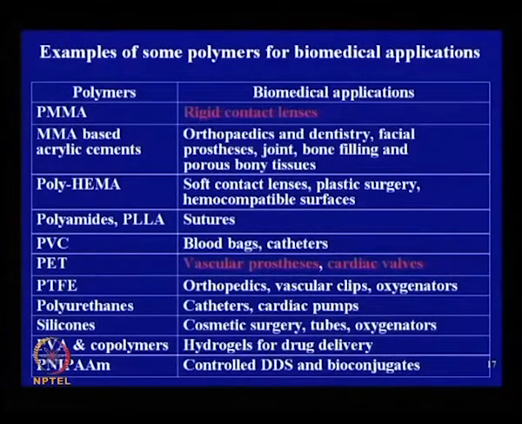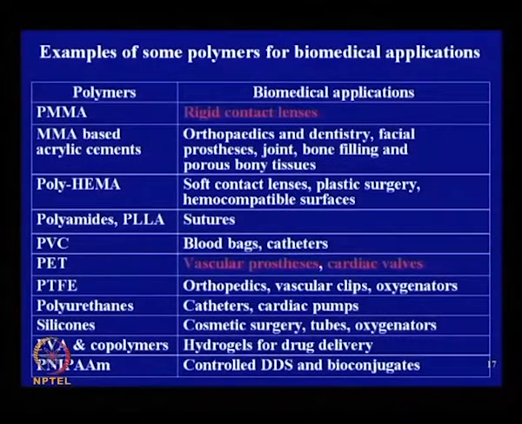Once this urethane bond is formed, it is non-toxic. Because of that, these polyurethanes are used in biomedical implants also. Spandex fibers, polyurethane fibers, those are used in biomedical field. So, those are used in catheters, cardiac pumps, sometimes blood oxygenator membranes.